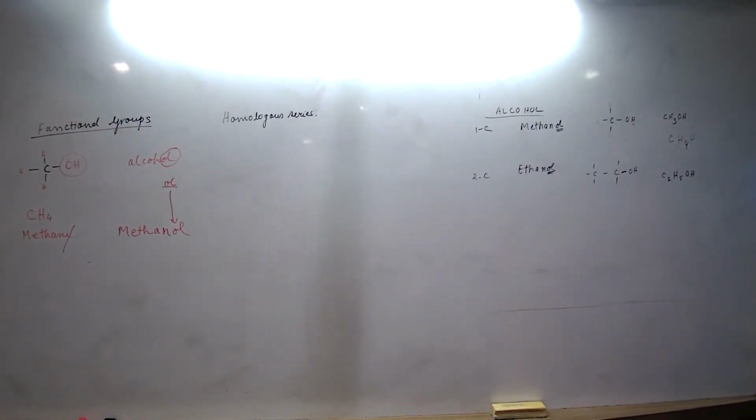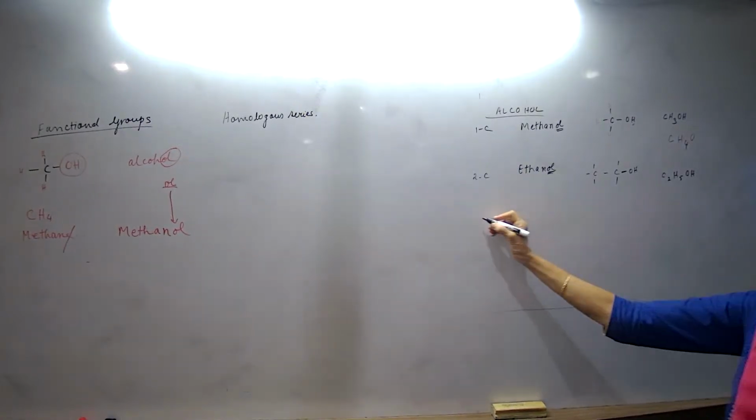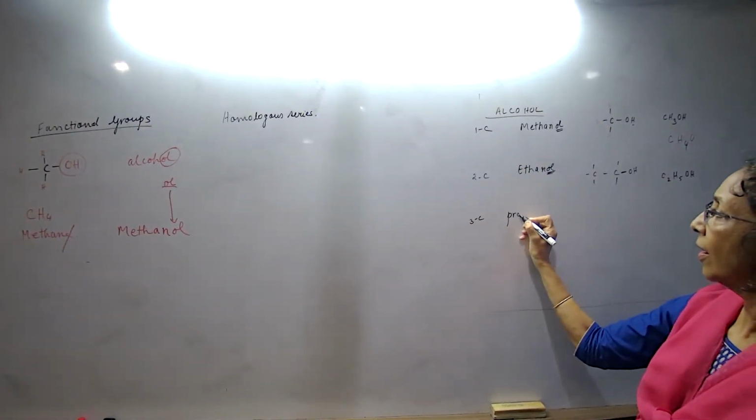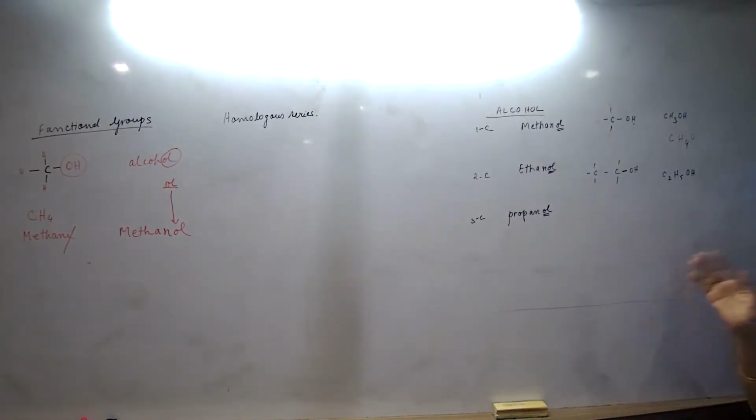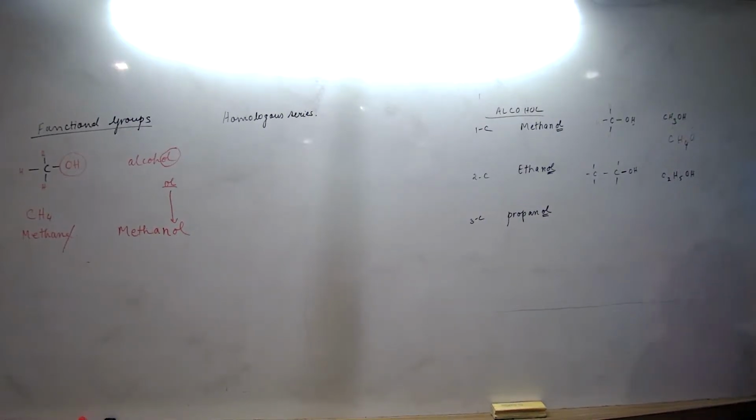Third one, can you do it on your own? Methane, ethane. What will the next one be? Propane. From propane, butane. Which alcohol will come from propane? Propanol. Three carbon. Write down the third carbon, C3H7. And so on and so forth. Then you know how to do these things. Have you understood the concept?